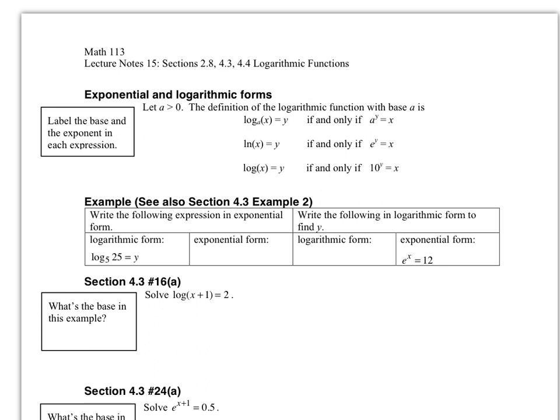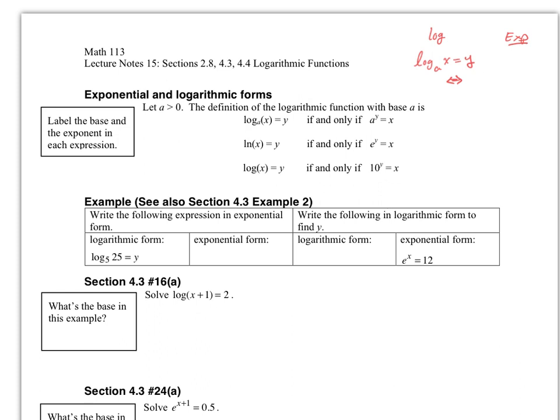Now, one of the most useful things for logarithms is to be able to switch from log to exponent or exponent to log. Okay, this is very, very, very useful, and it will make life pretty easy. So what this is saying is that you have log a of x equals y. Then to change to exponential form, this is logarithmic, so you always look for the base first.